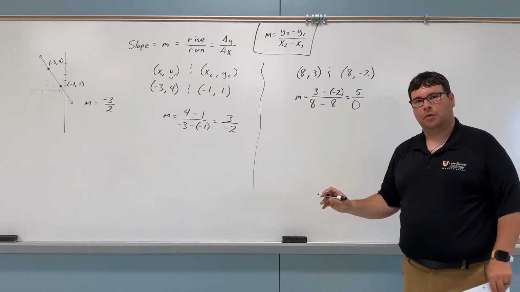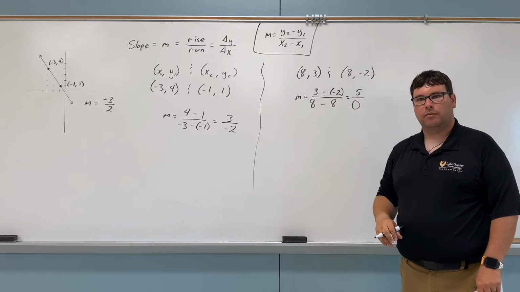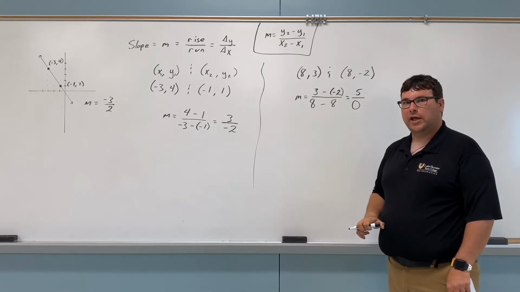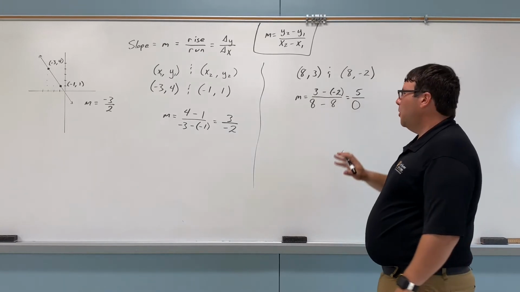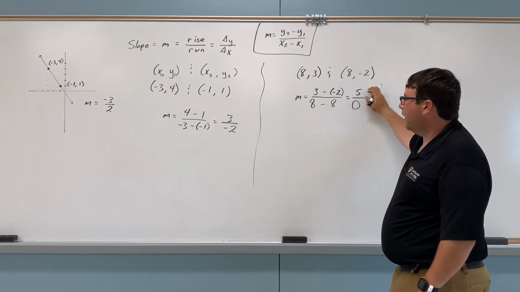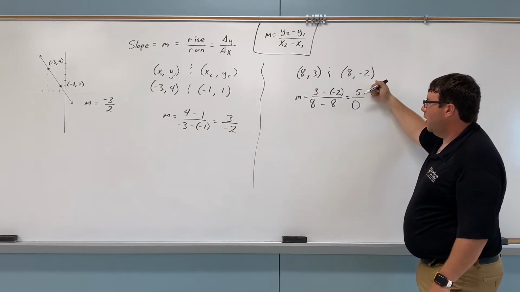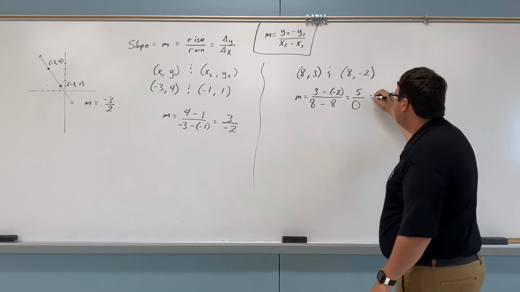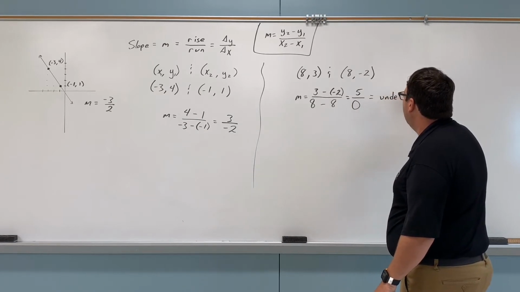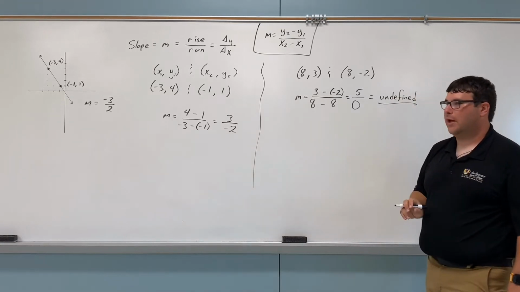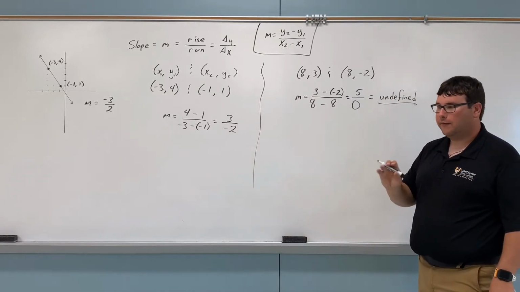Wait a minute. We can't divide by 0. Not at least till calculus 2. And even then it's cheating. So what did we come up with? If we ever get a situation where you have a number divided by 0, this is undefined.